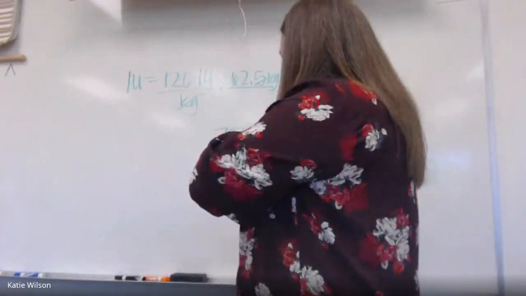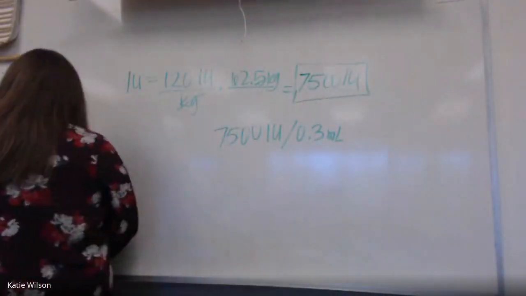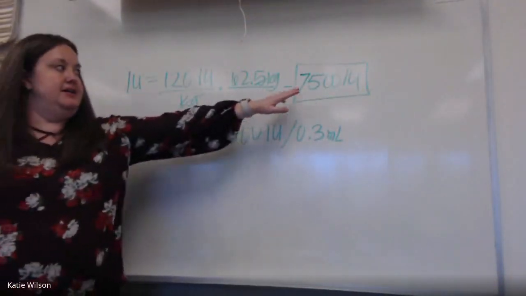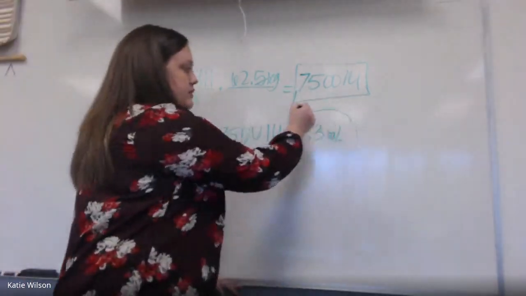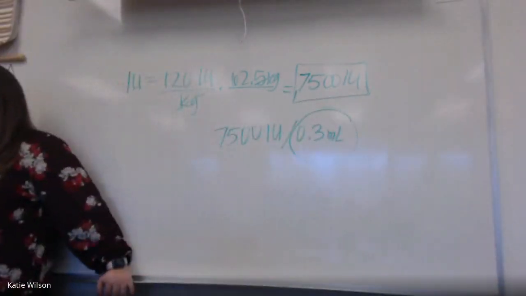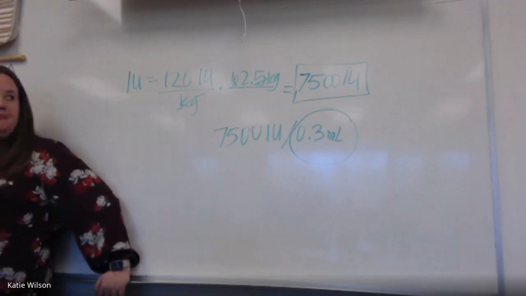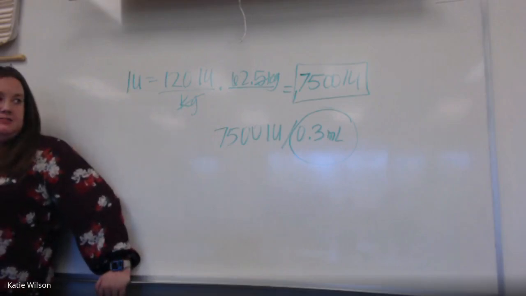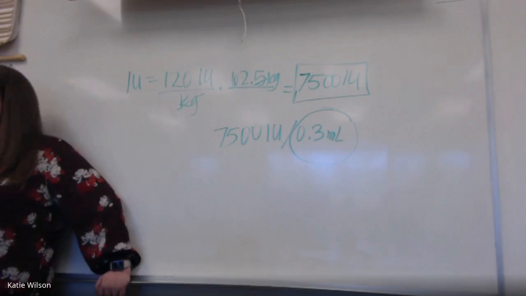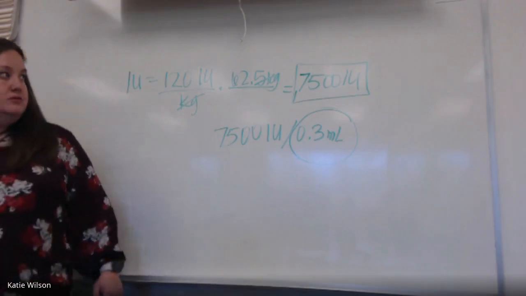Since it comes in that exact strength, this is how much you're going to get. Does that make sense? So the final answer is the syringe, 0.3 milliliters. That's my final answer. Okay, that's what they're asking me to answer.